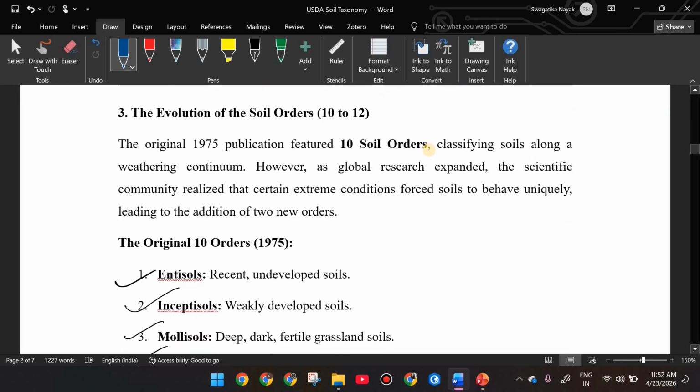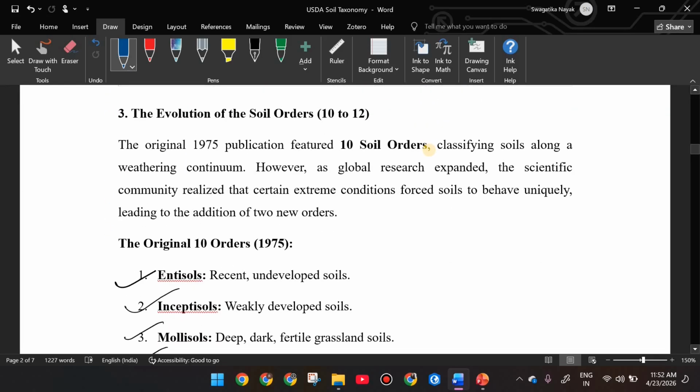Now, coming to the main topic, the evolution of soil orders. Here also there is a point we have to keep in mind: in the original 1975 publication, there were only 10 soil orders. So what are the two orders which were included later on?